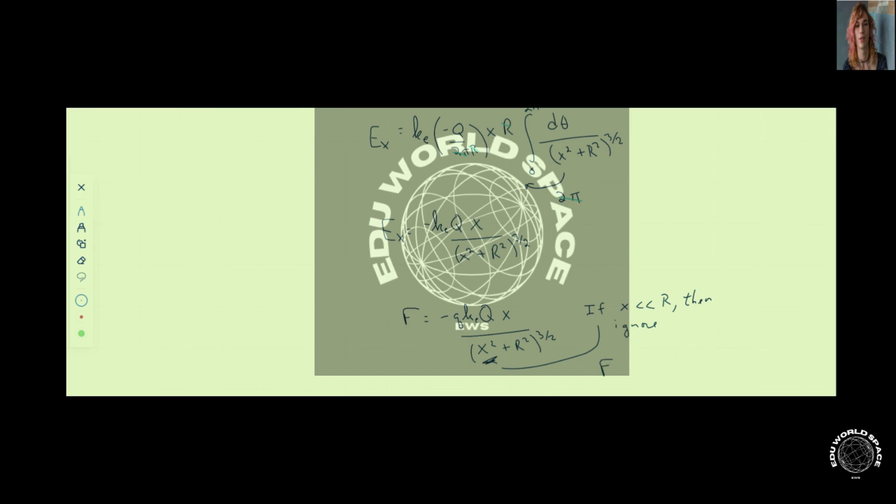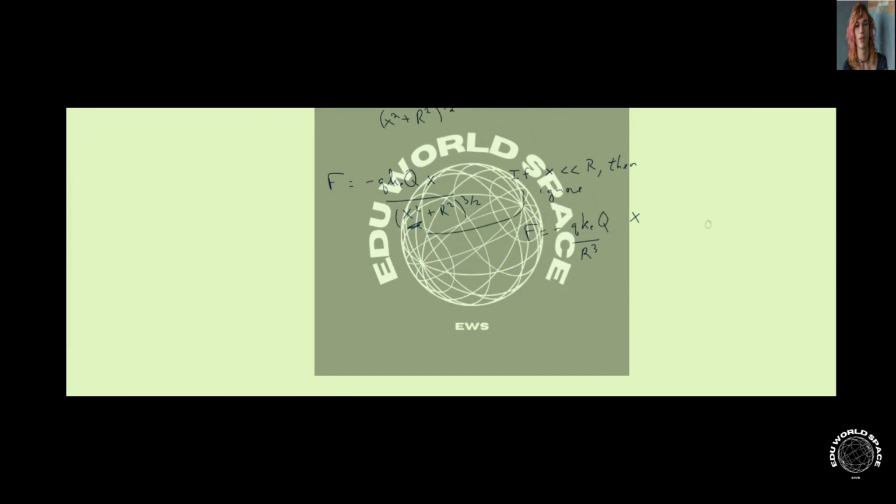And our force looks like then minus q ke q x over r cubed. And notice that this says that the force is going to be proportional to the distance from the center. What we basically have is a Hooke's law type situation.